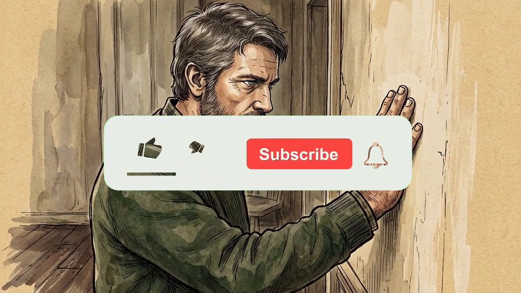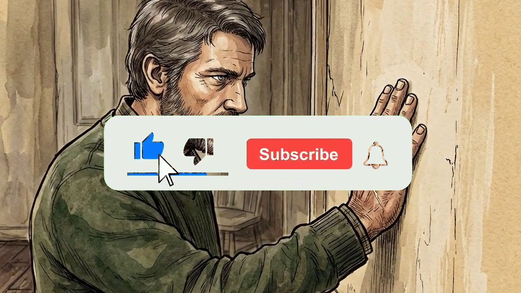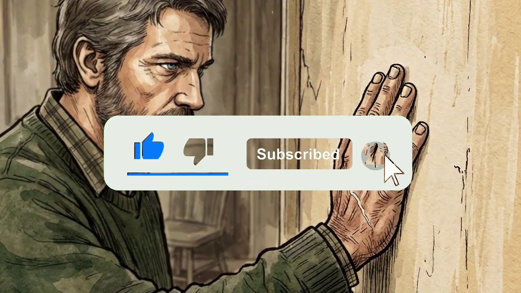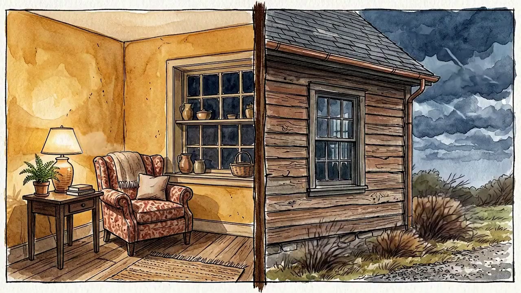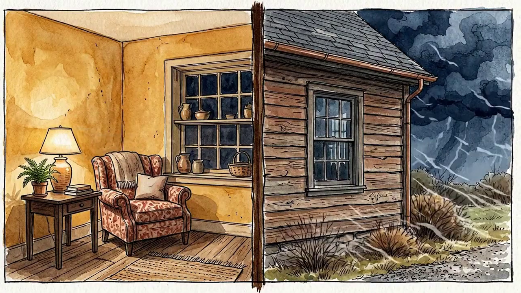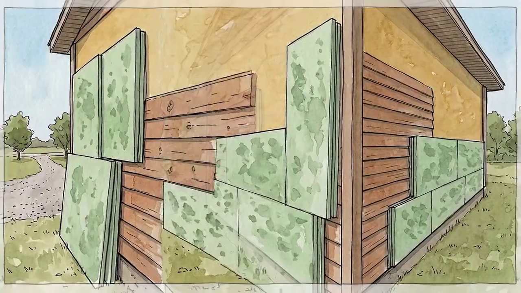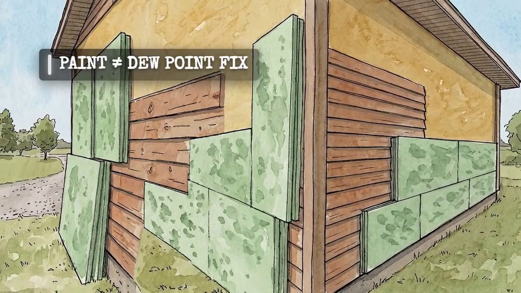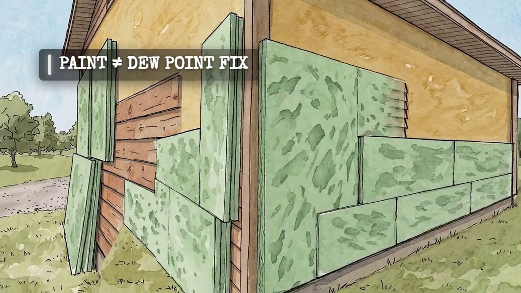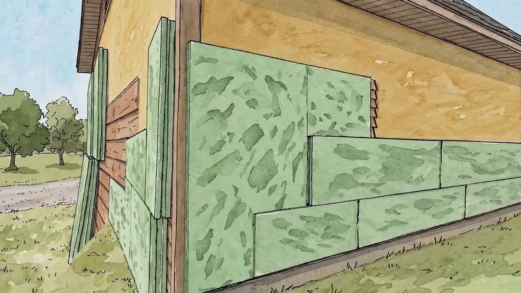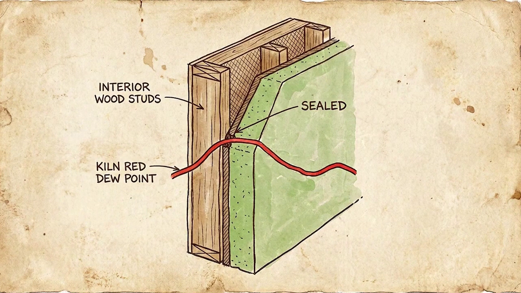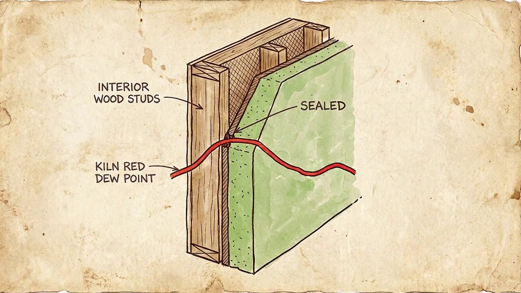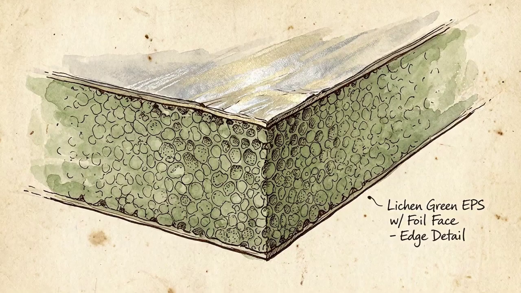Now, the fix. The durable fix for this specific problem is to change the thermal ratio inside the wall. There are 2 paths. The first path is exterior. Adding a continuous layer of rigid foam insulation to the outside of the wall increases the thermal resistance on the exterior side of the assembly. This pushes the dew point plane further toward the outside of the wall, away from the interior surface.